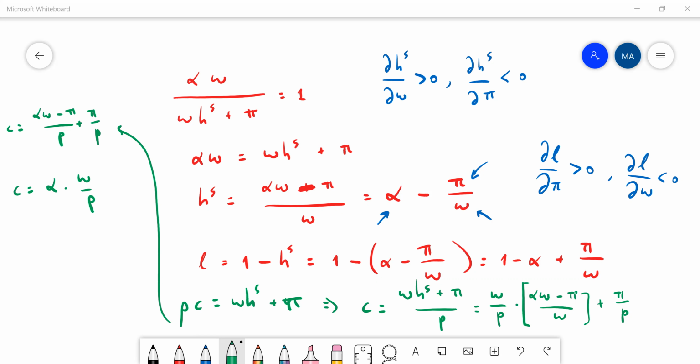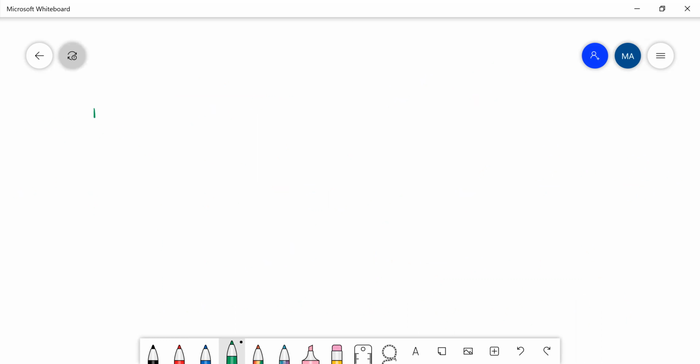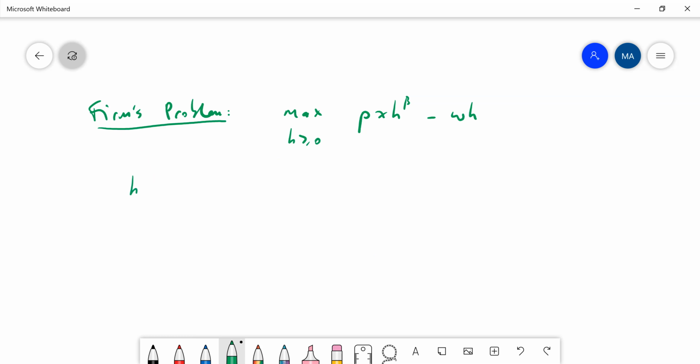Okay, now let me very quickly write down the firm problem. Remember we are maximizing profit, okay, by choosing H. So there is again a condition, right?